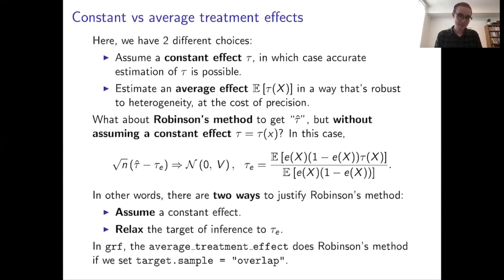If you assume a constant treatment effect, but there's actually heterogeneity, then what the constant treatment effect estimator is going to converge to is this thing I called here tau e, which is a weighted version of the average treatment effect, where different parts of feature space are weighted by e of x times 1 minus e of x. That is, regions of feature space with propensity scores that are nicely between 0 and 1 are given more weight, and regions where propensity scores get very close to 0 and 1 are given less weight.